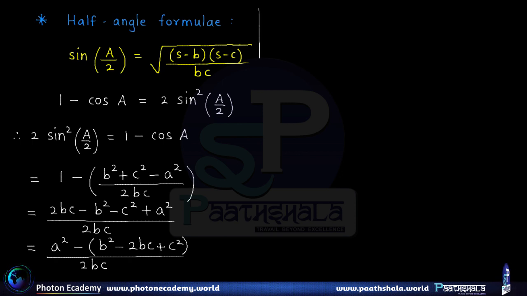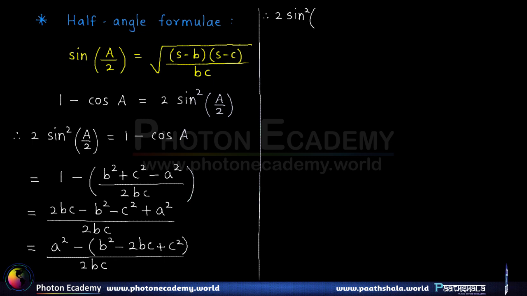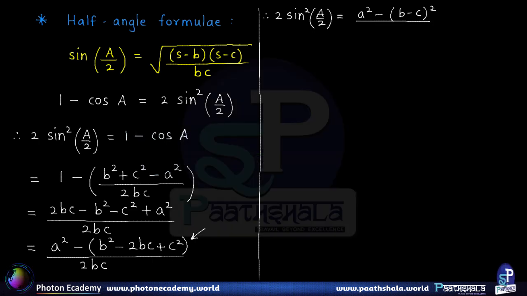Moving on, therefore 2 sine square A by 2 equals a square minus, now the bracketed term here is nothing but the square of (b minus c), the whole square, whole divided by 2bc.